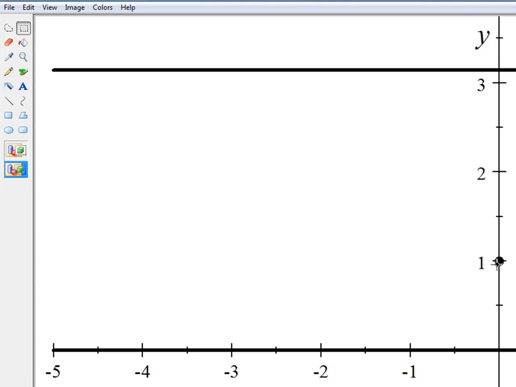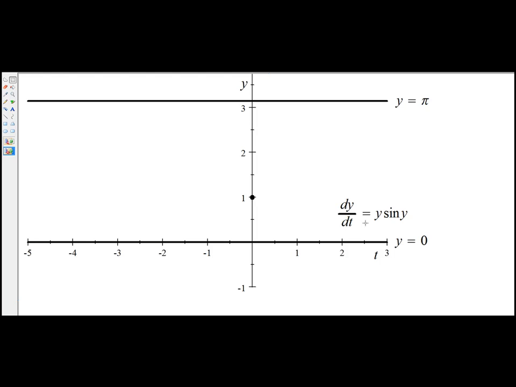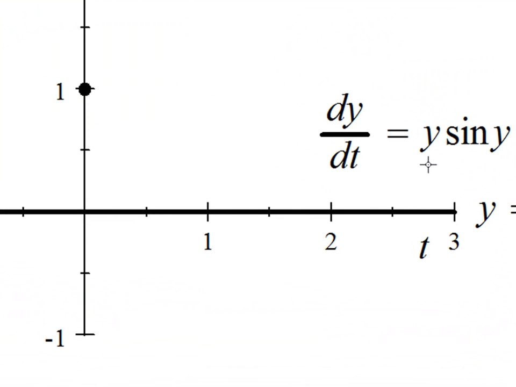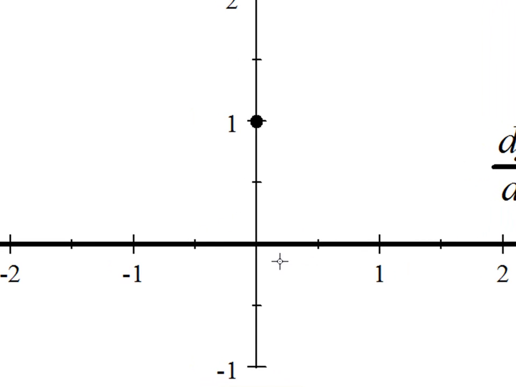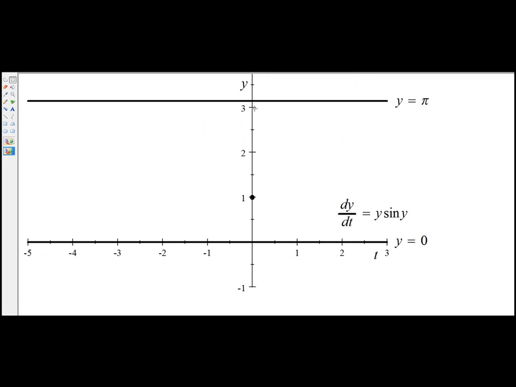Now we are going to recall our equation to understand the nature again. Here is our original equation, and notice that if we take the values of y between 0 and pi, with 0 and pi excluded, then this product will be a product of two positive quantities, which is positive.